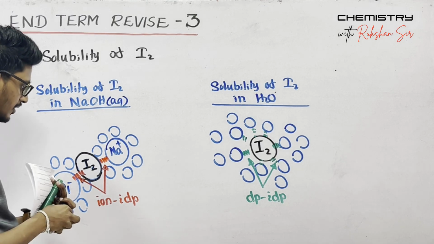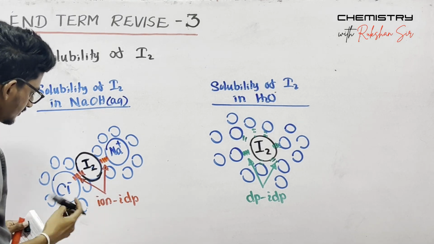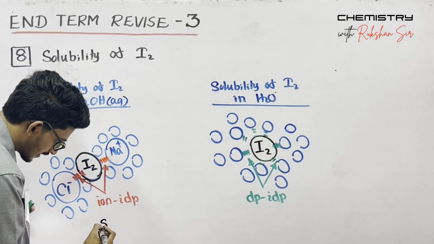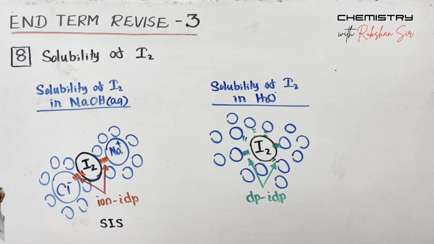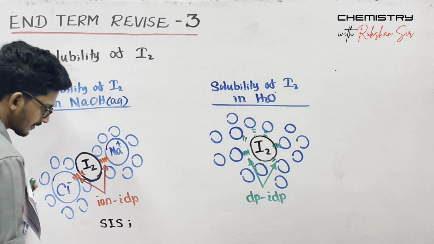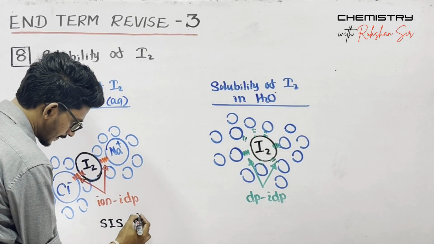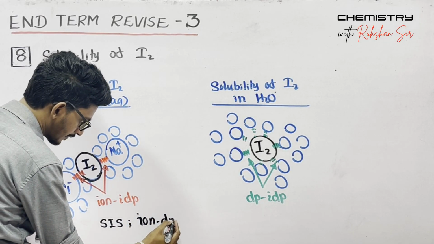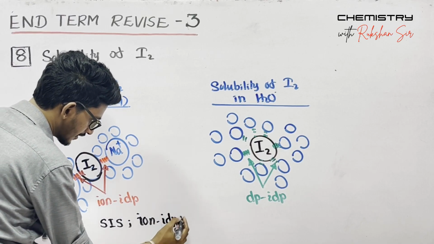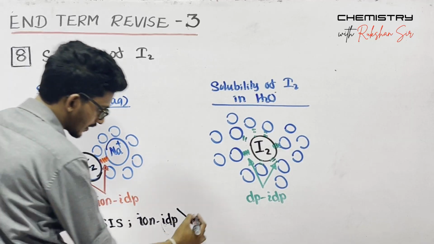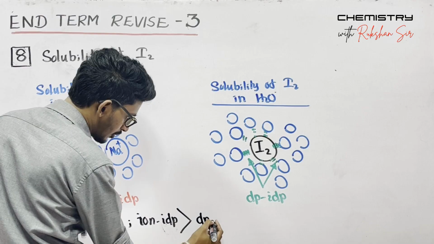So we can say, secondary interaction strength: ion induced dipole interaction strength is greater than dipole induced dipole.